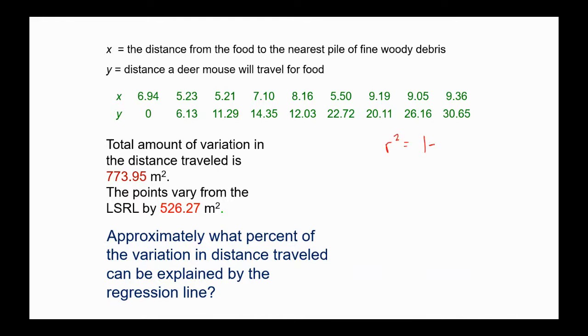R squared equals 1 minus sum of squares residual over the total sum of squares. And then we just plug in what we have. So 1 minus the residual sum of squares, 526.29, over the total sum of squares, 773.95.